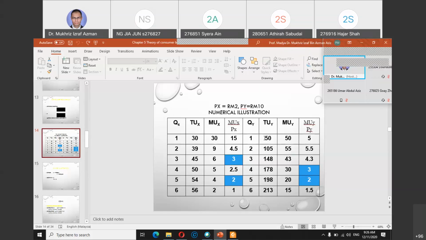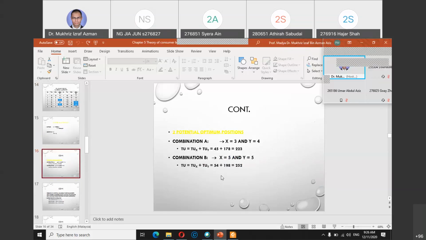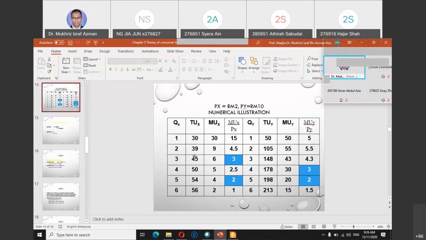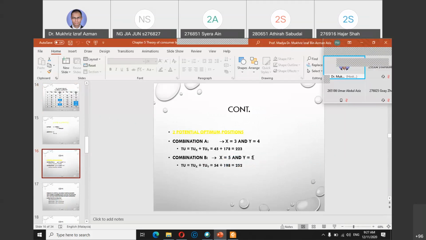We don't look at how much income the person has. So when you look at this example, combination A gives you 2 to 3 utility, and combination B gives you higher utility. In combination A you consume 3x, 4y, and in combination B you consume 5x, 5y.